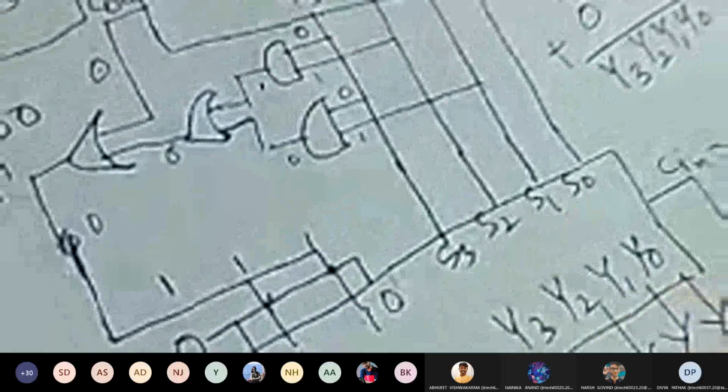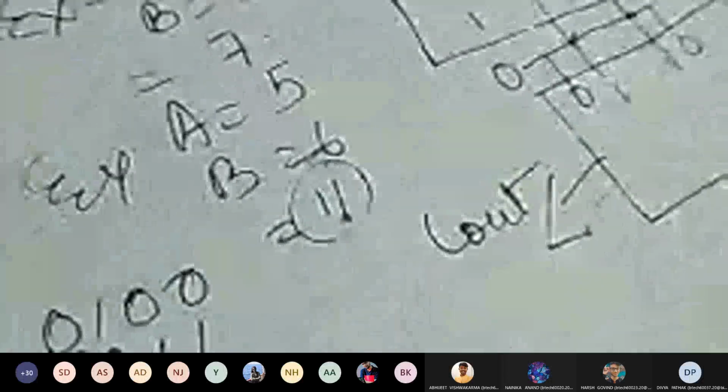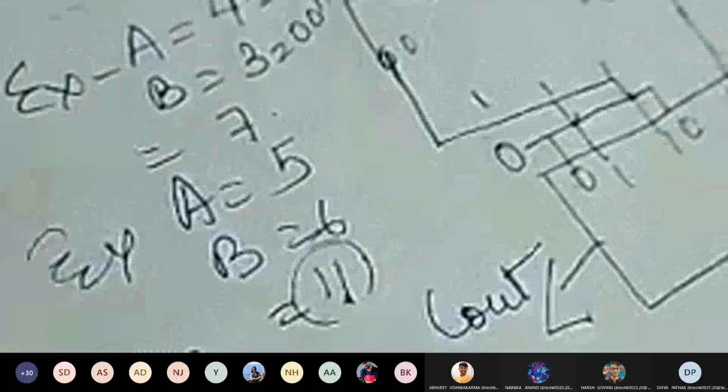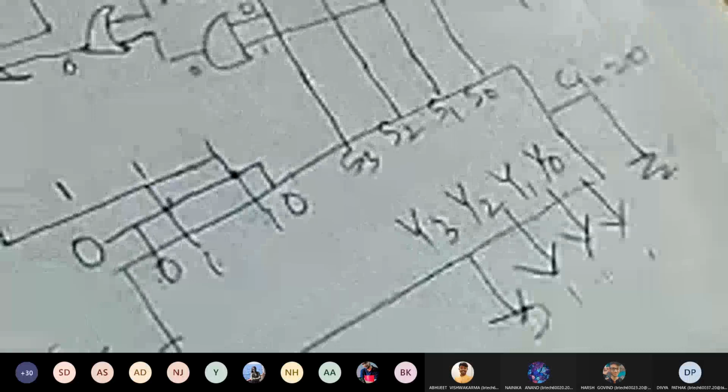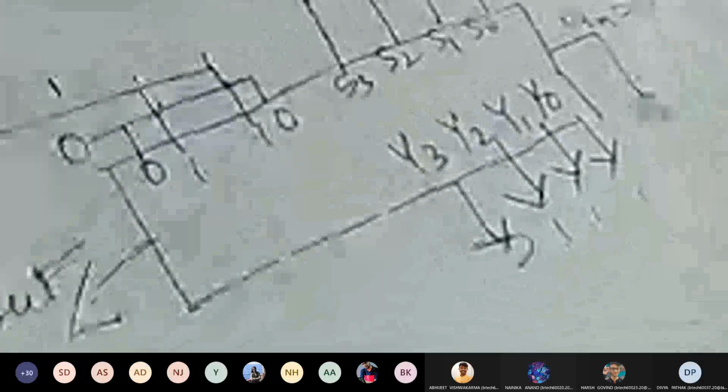So instead of this 1 1, you get 0 0 here. If you add 0 0 0 0 with 0 1 1 1, you will get the same value, 0 1 1 1. Is it clear? See, I have proved it. This diagram I have proved. Is it clear?